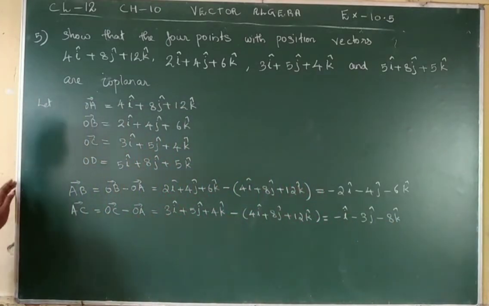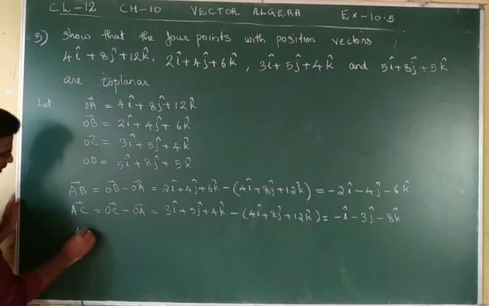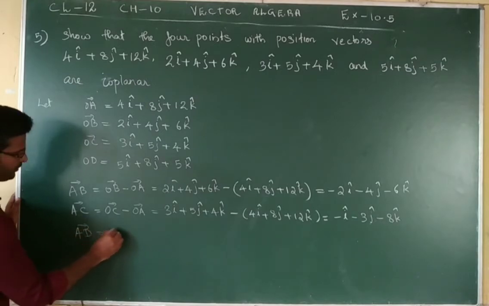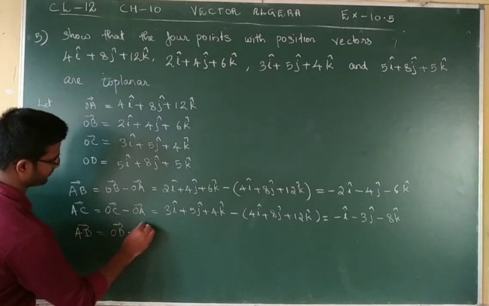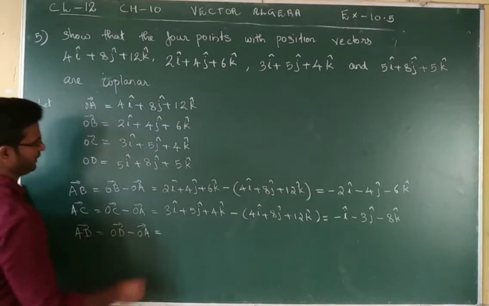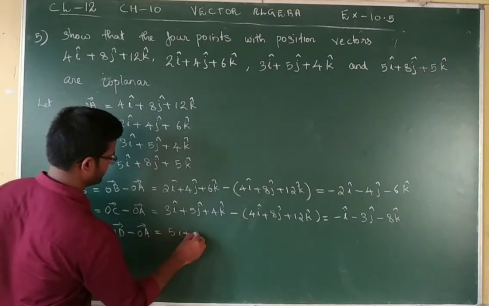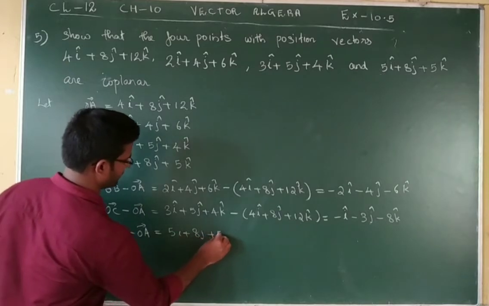This is AC vector. One more, AD vector is OD minus OA. OD is 5i plus 8j plus 5k.